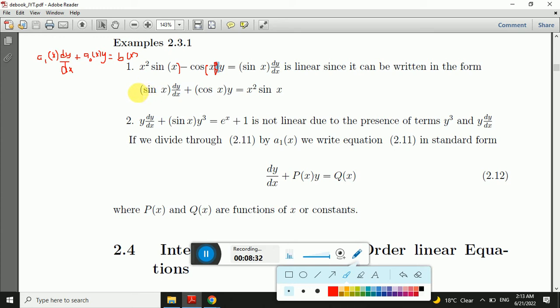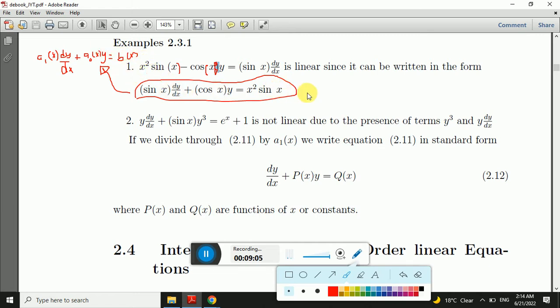So when you look at this differential equation and compare it with the definition we had in equation 2.11, realize that indeed this is linear, because this is a function of x dy dx plus this one is also a function of x y equaling the entire x squared sine x, which is also a function of x, the b of x.